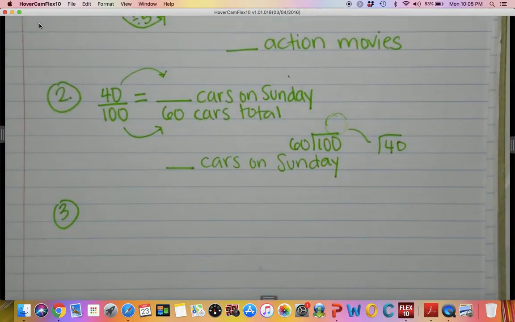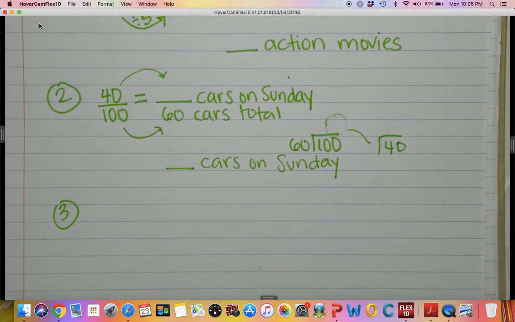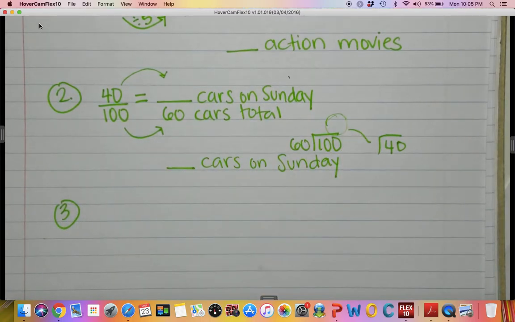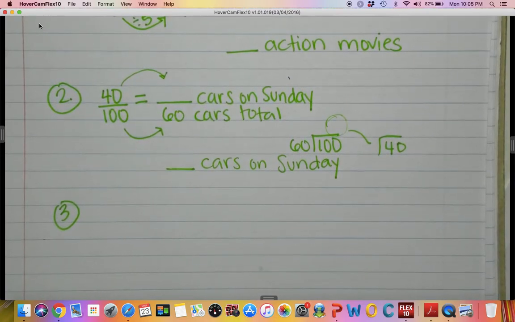Number 3. I'm also thinking, well, I'll let you do that one. I feel like I set it up incorrectly, but I don't know. Give me your answer, and if I did something wrong, let me know. I'm double guessing my work here.